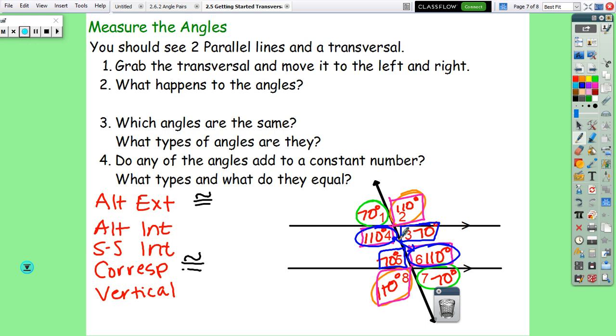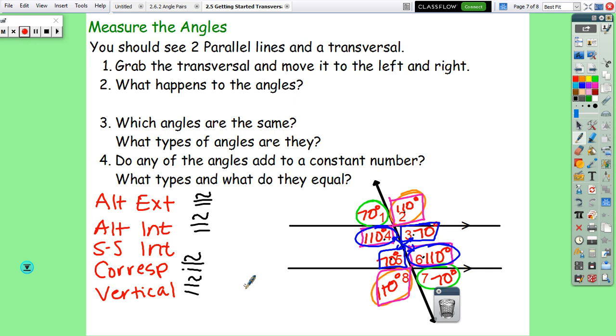So these two would go together and these two would go together, okay? So we can also say the alternate interior angles are congruent. And we've already talked about vertical angles. So vertical angles would be like 1 and 3 and 2 and 4, 5 and 7, 6 and 8. And we know that vertical angles are also congruent.